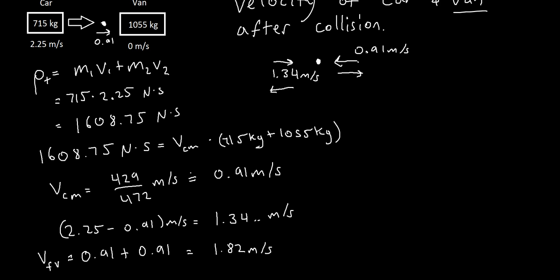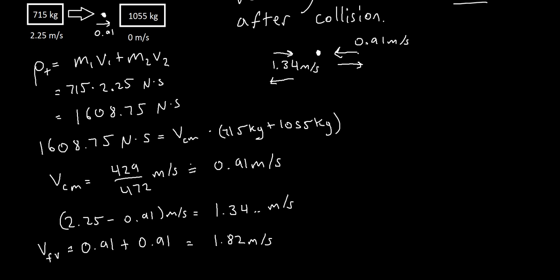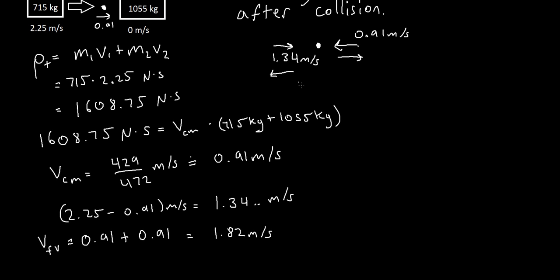Now for the car, how do we do the car? Well, the car is going to recede from the center of mass at 1.34 meters per second, right? But the center of mass is moving at 0.91 meters per second to the right, so it's going to subtract from it. So the final velocity of the car equals 0.91 minus 1.34.